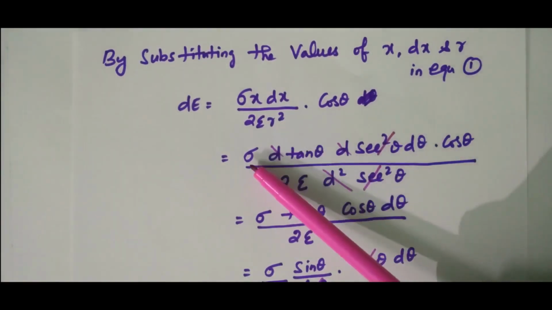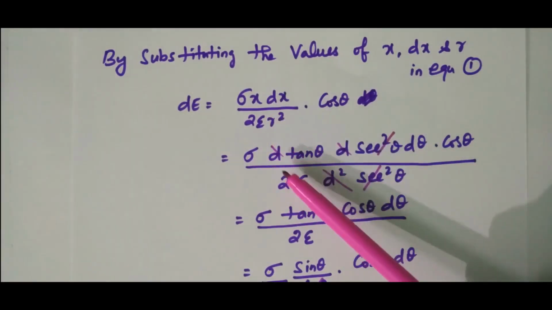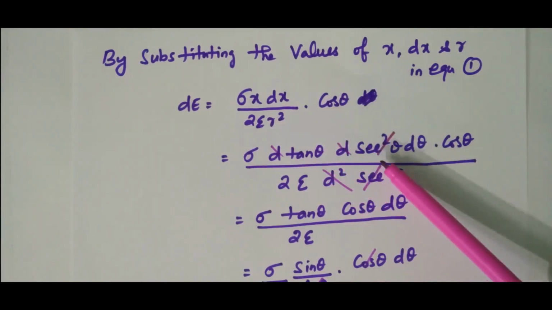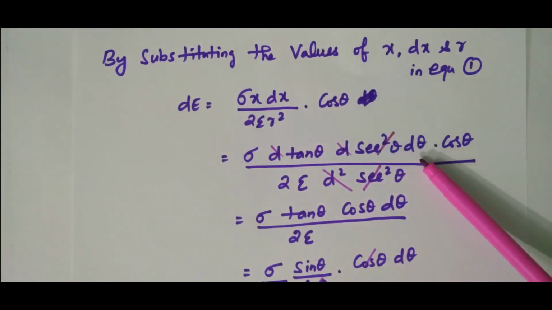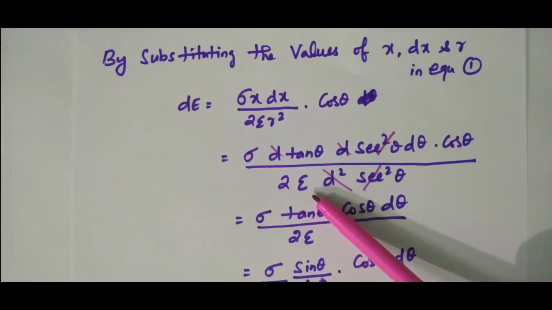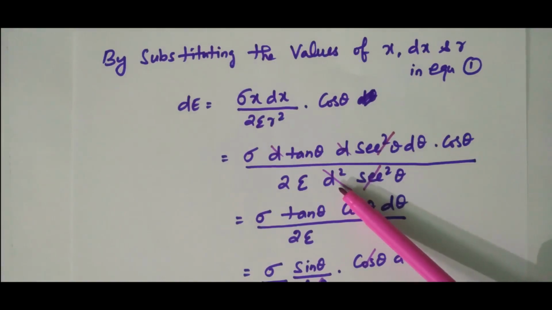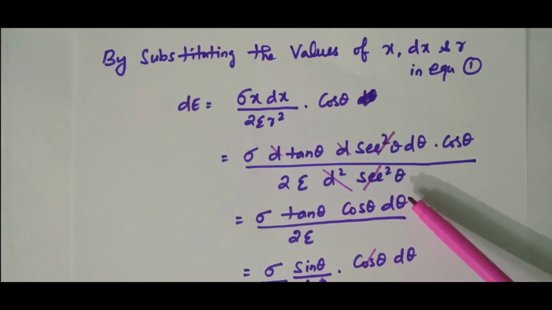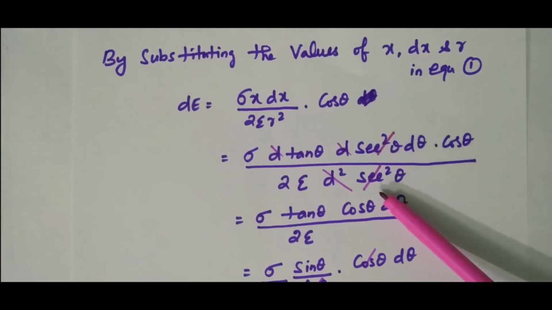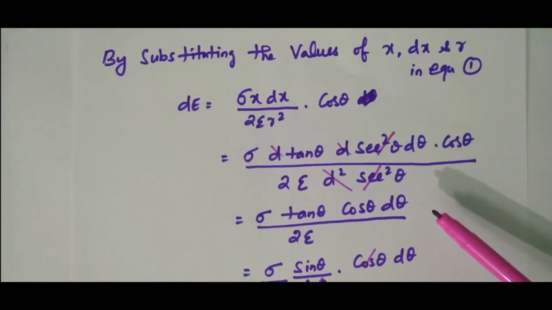Now we'll substitute: x is nothing but d tan theta, dx is nothing but d secant square theta into d theta. Again this cos theta is available, divided by 2 epsilon r square. R square is d square secant square theta. Right, x, dx and r are substituted.